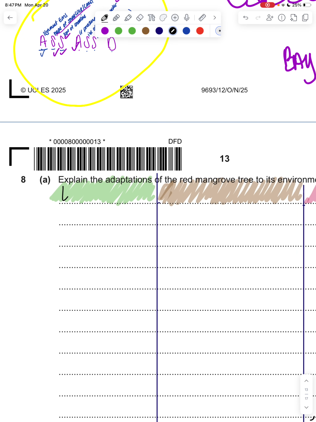I'll do the first ones first, the leaves. Any marine plant is going to have leaves that are tough, thick, or leathery, and it's to prevent salt from coming in.